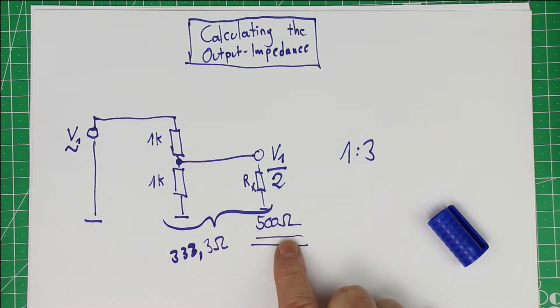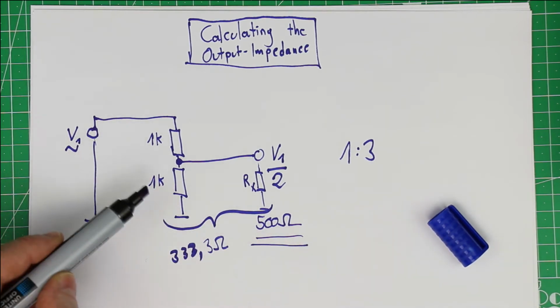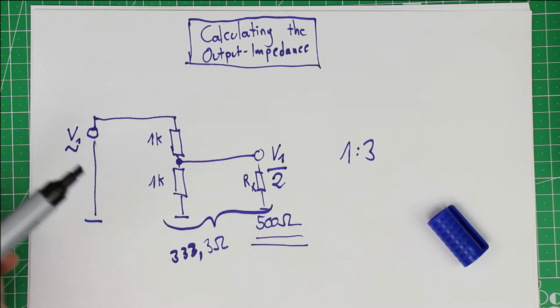Now, there must be some error in thinking, or there must be a reason why there's such a difference between what I thought from intuition and what's really true. And let's take a new sheet of paper to find out the fundamental reason for that.